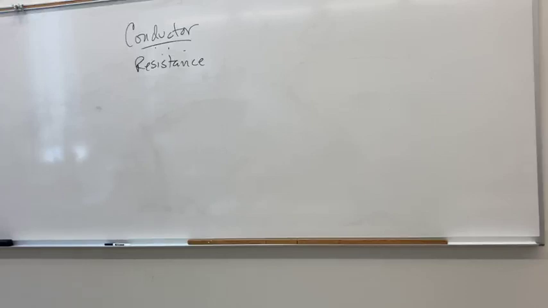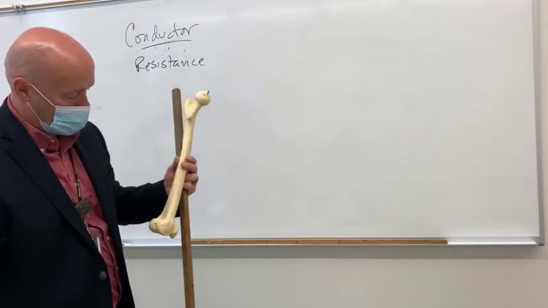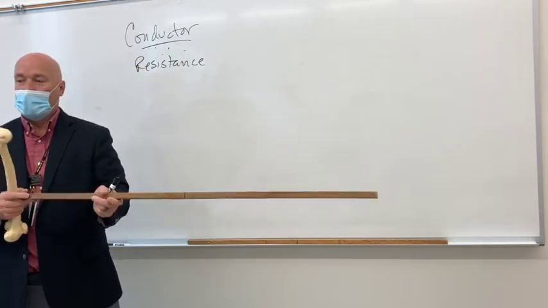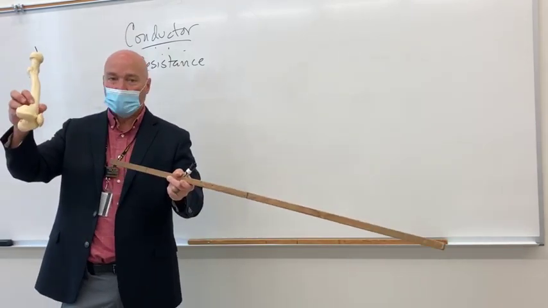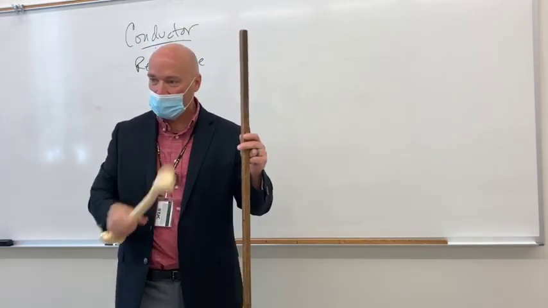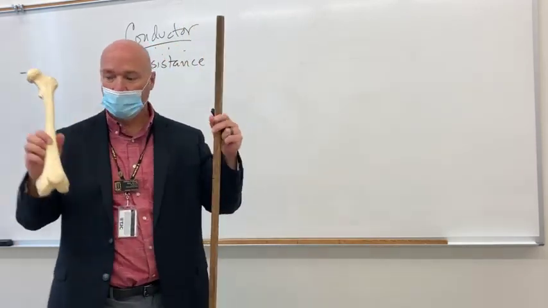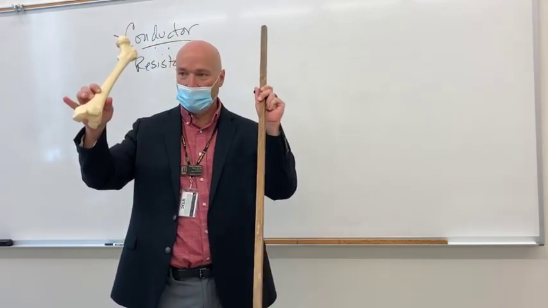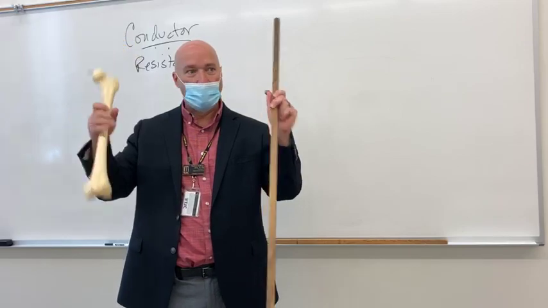Let's say I was going to fill this bucket with water, and I had a pipe the size of this thing, and I had another pipe the size of the end of this femur. So the wall of the pipe is the same size, but the inside diameter or lumen of the pipe is a different size. So which one's bigger? The femur. The femur, right.